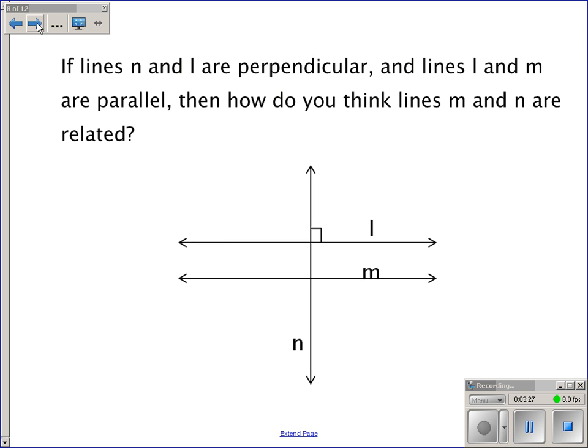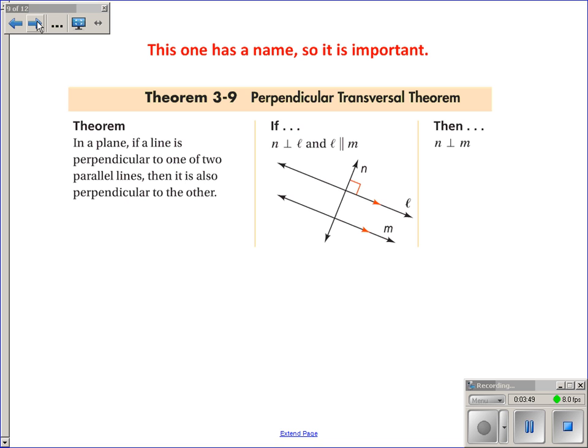Now this one's a little more complicated. If lines N and L are perpendicular and lines L and M are parallel, how do you think lines M and N are related? If you look at the picture, it looks like M and N should be perpendicular, and it's true that they are. That's exactly what the perpendicular transversal theorem says.